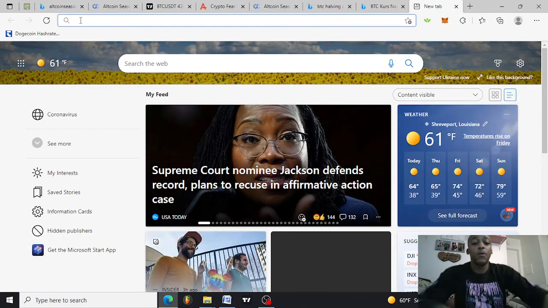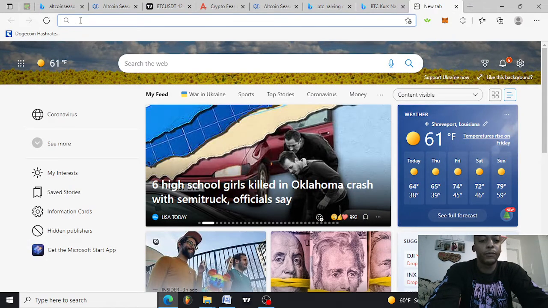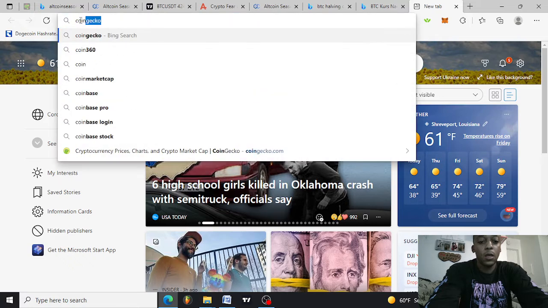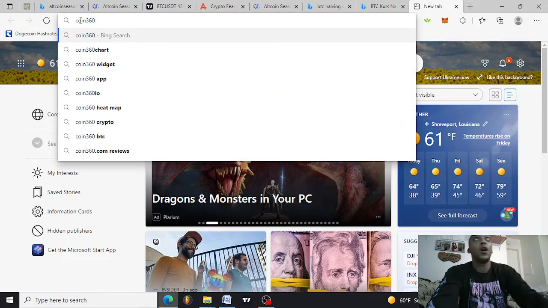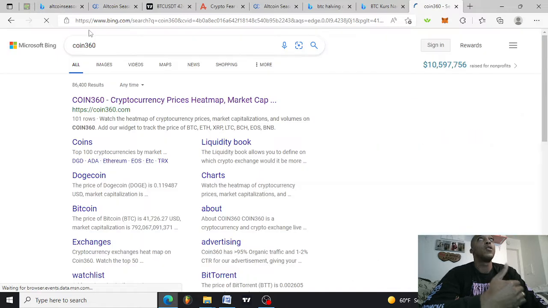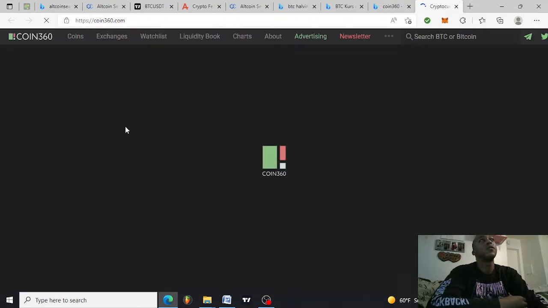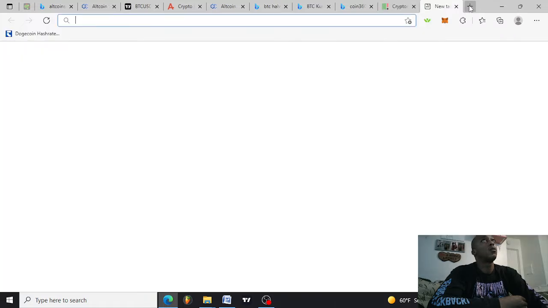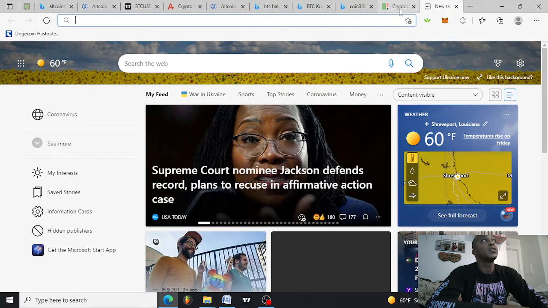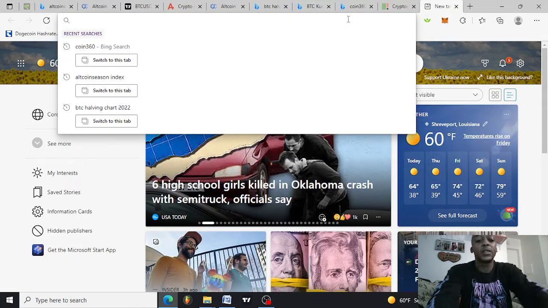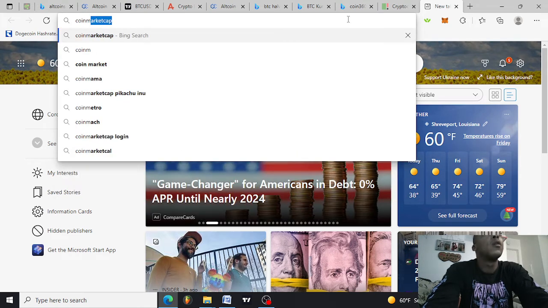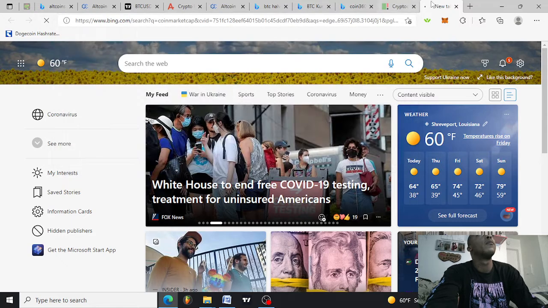And if you don't understand what blood in the streets means, let me show you something. Coin 360. All these websites, once you see me going to these, go and check it out for yourself. Coin 360. One of the most important websites that I realize is CoinMarketCap.com.